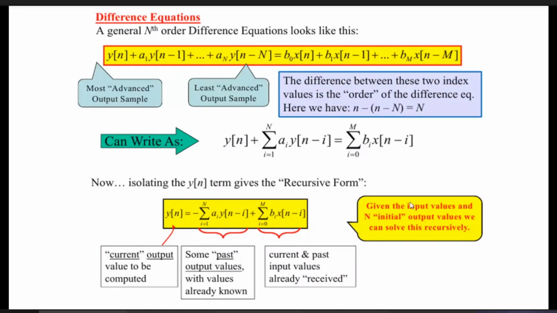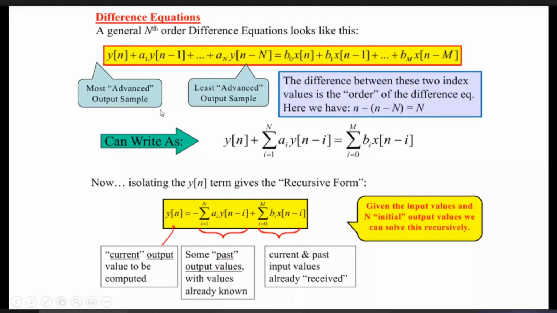In this slide, the topmost equation is y[n] + a1 y[n-1] + ... + aN y[n-N] = b0 x[n] + b1 x[n-1] + ... + bM x[n-M].